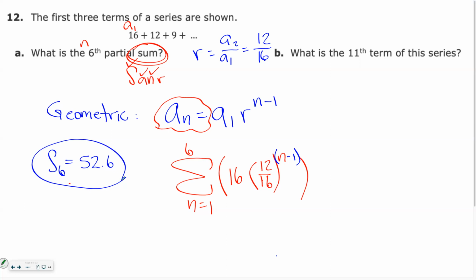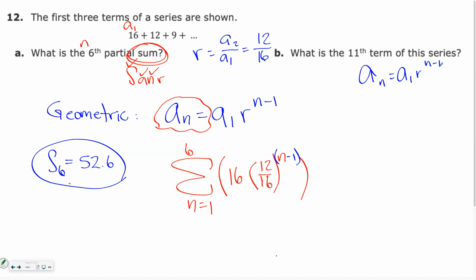Part B, what is the 11th term in the series? We already know the formula. If you're looking for the 11th term, where would that go in the formula? I wouldn't do it at A1 necessarily.